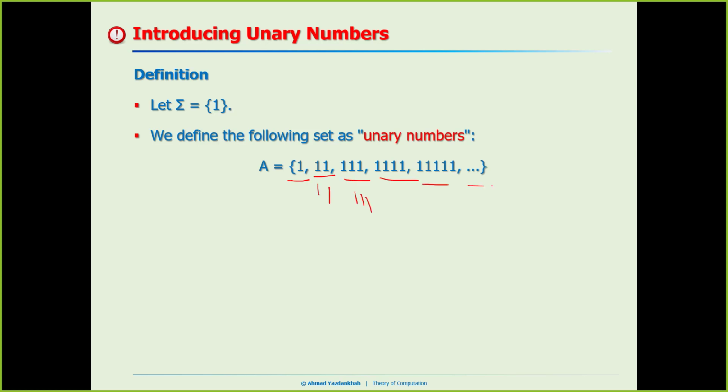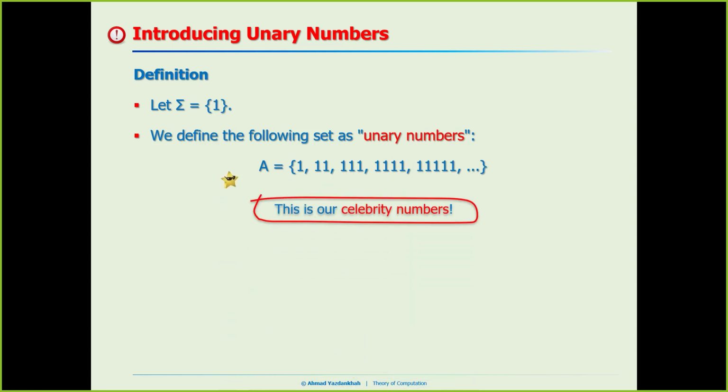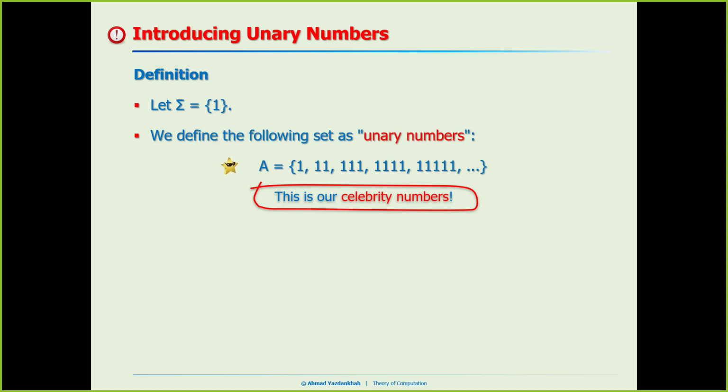The interesting thing is that this is our celebrity set of numbers. We will be using this more than any other numbers, except the natural numbers, which we use a lot. Anyway, the set of natural numbers is equivalent to this.